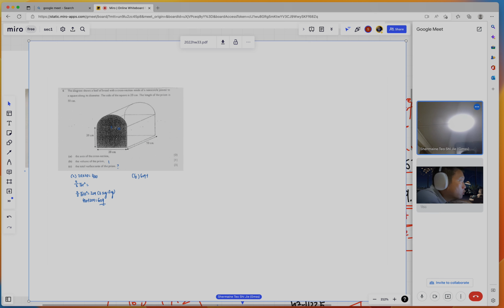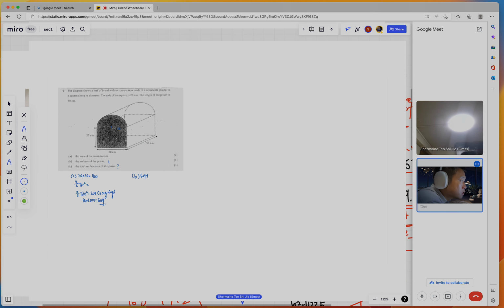Okay. Okay, good. So what do you see here? I think you see a few shapes. Can you see there is a semicircle? Yes or no? Can you see a semicircle here? Can you move your cursor up?